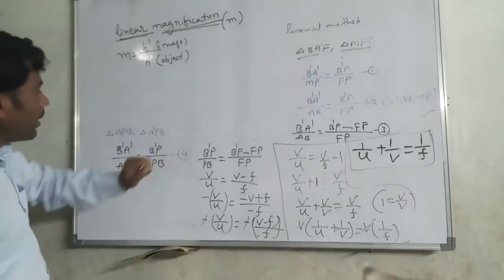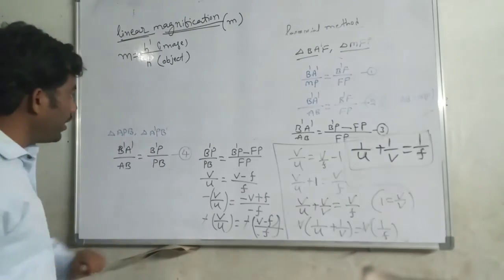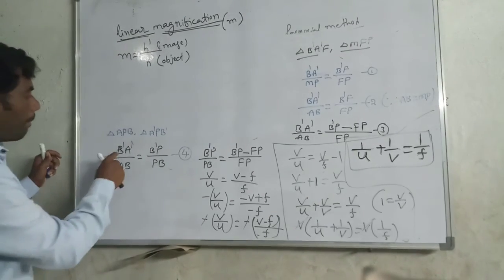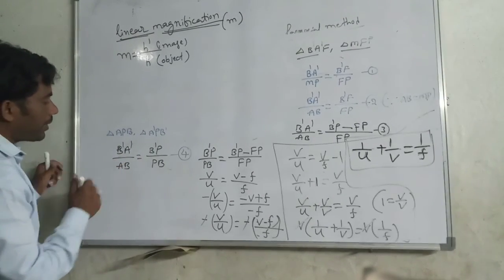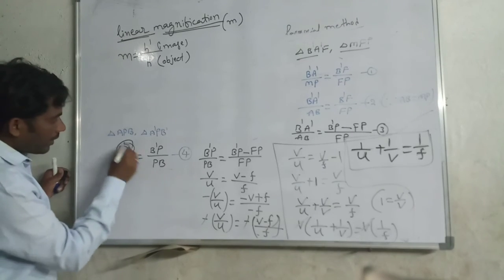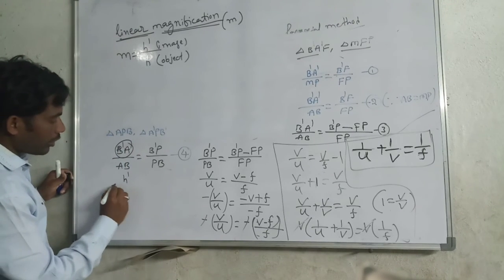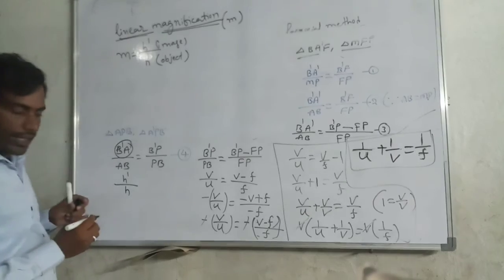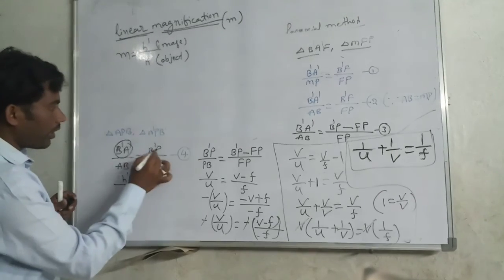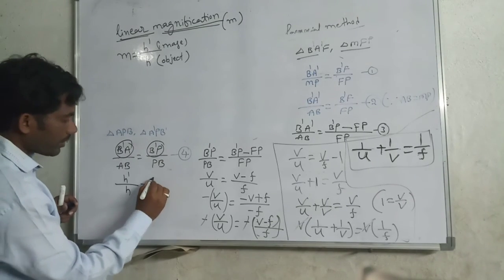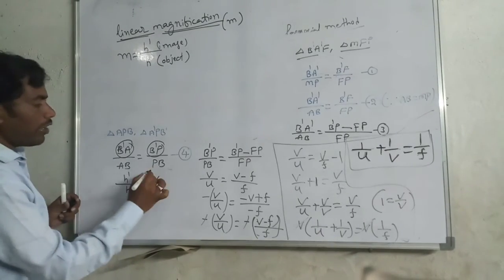And one more thing, clearly B dash A dash by AB. It means the height of the image is h dash and the height of the object is h. What is B dash P? It is V. What is the value of PB?